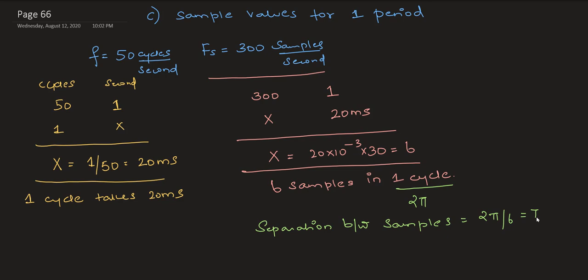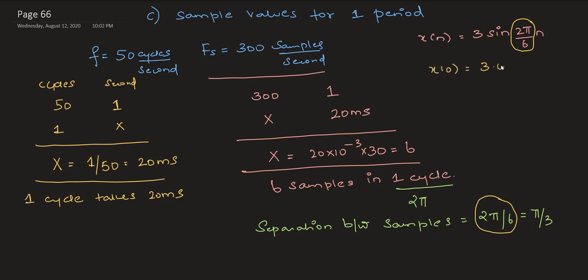So now I have 6 samples in 1 cycle, which means my 1 cycle of a sinusoid is 2 pi. So I need to take 6 samples in the 2 pi interval, which means my separation between the samples is going to be equal to pi by 3. Yes, so that is the separation between the samples. Now I can just go on to find the 6 values in one time period, that is x of 0 to x of 5.